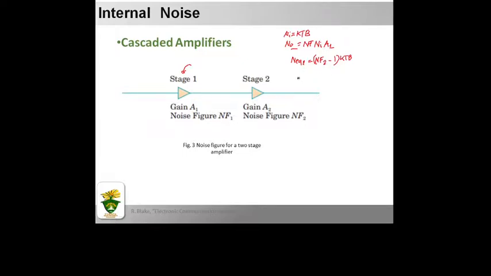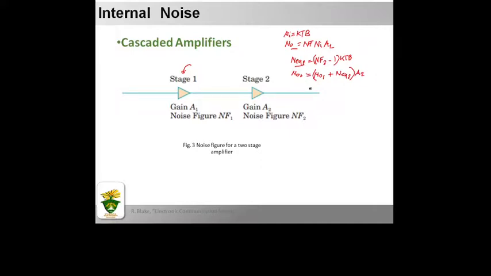So the noise output of the second stage, NO2, is equal to the noise output of the first stage plus the noise equivalent of the second stage, NEQ2, times the gain A2.